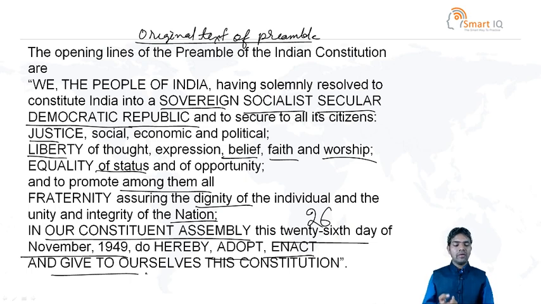We, the people of India, having solemnly resolved to constitute India into a sovereign, secular, socialist, democratic republic, and to secure to all its citizens justice, social, economic and political, liberty of thought, expression, belief, faith and worship, equality of status and of opportunity, and to promote among them all fraternity, assuring the dignity of the individual and the unity and integrity of the nation.